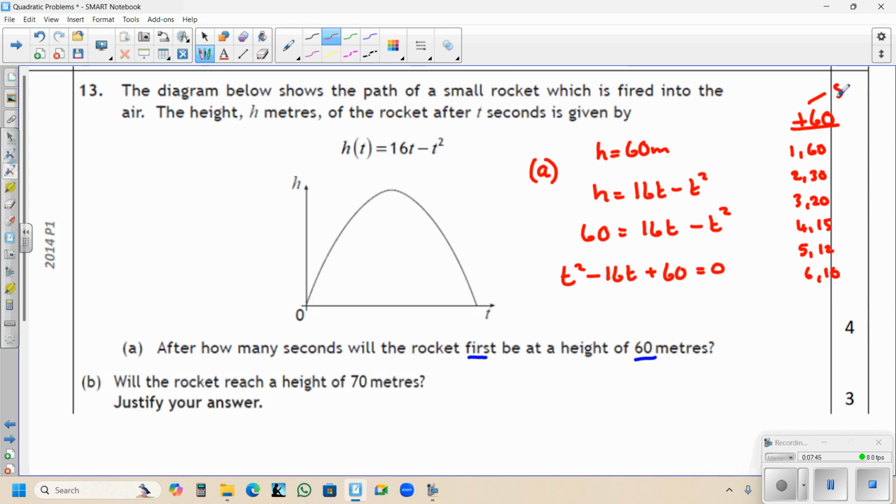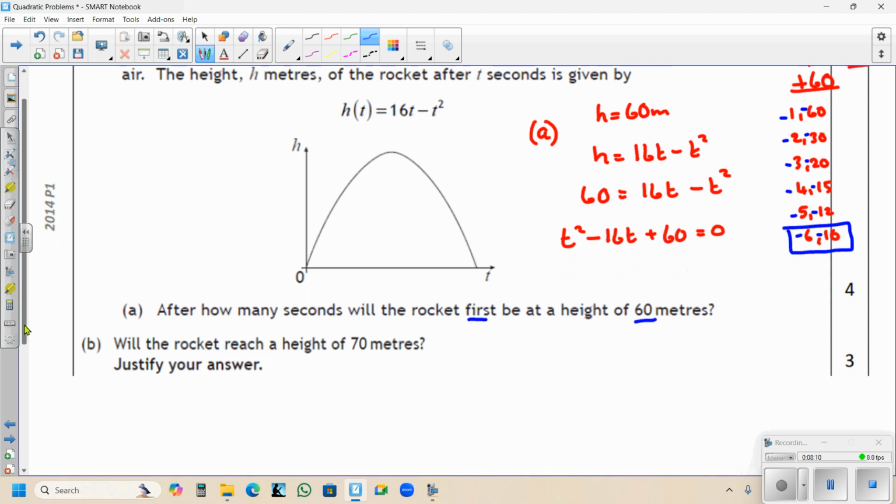They've got to have the same sign. Factors have got to either both be positive or both be negative. The fact that the middle term is negative tells me they're both negative. So there's my options all there. They've all got to be negative, and I want to find out which pair of them gives me negative 16 when I add them together. And the pair is negative 6 and negative 10.